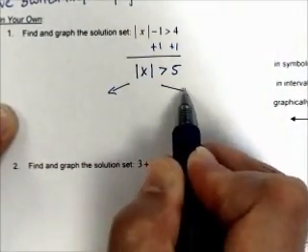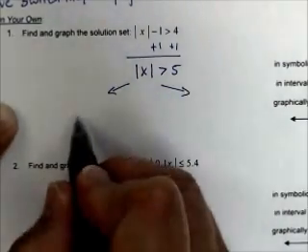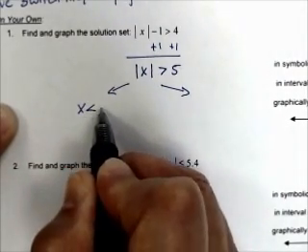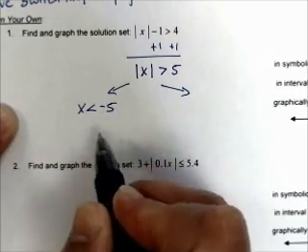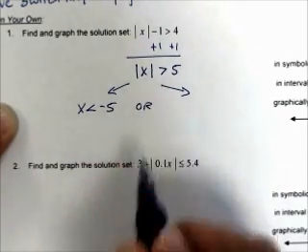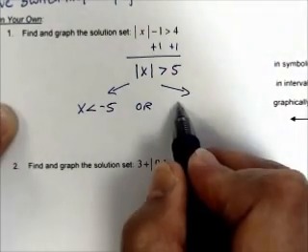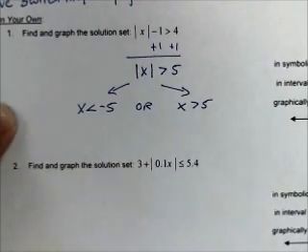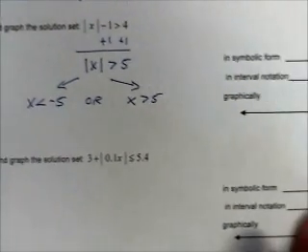Split it up. Left arrow, drop the absolute value bars, switch the inequality to less than, and negate the 5. Original inequality is greater, or x is greater than 5. Well, this is solved already. There's nothing to do here.